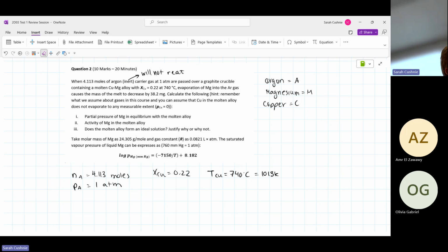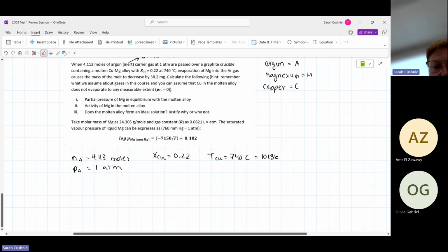And then I know that the pressure of Cu is going to be equal to 0. I guess I'm just going to put this down here.